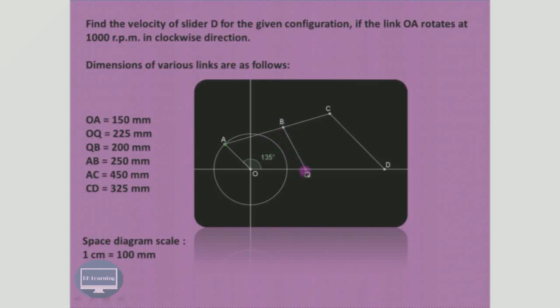Similarly, B with respect to Q, because Q is the fixed one, will be perpendicular to this link. Similarly, for the velocity of either C with respect to D or D with respect to C, the velocity of D with respect to C will be perpendicular to this link because this is the oscillating link. Whereas the slider is sliding in the horizontal path, so that velocity will be parallel to the path of sliding with respect to the fixed point, that is either O or Q.